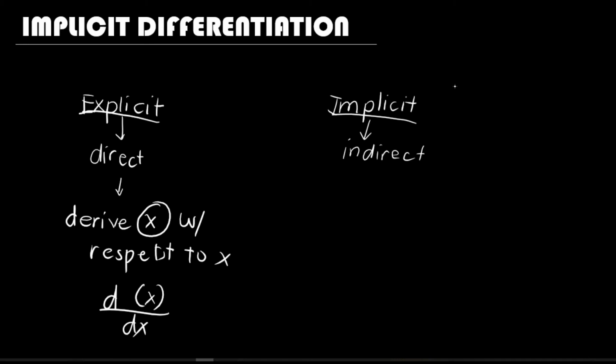So, pag sinabi naman nating implicit differentiation, bakit siya naging indirect? Kasi, it is impossible to directly differentiate x. So, dumadaan tayo sa function of x or sometimes we represent it as y.